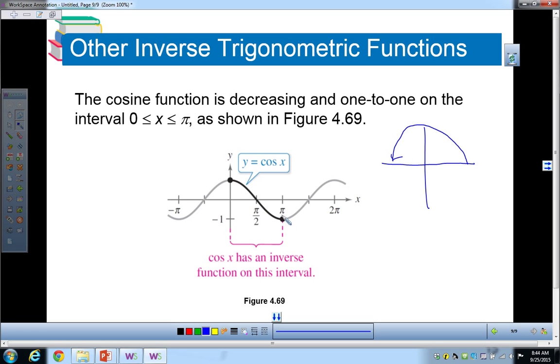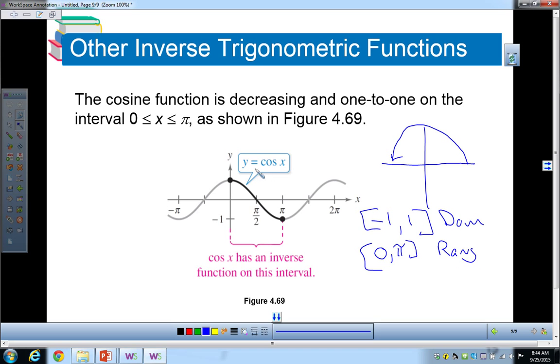They go from 0 to pi because from here to here, cosine takes on all values, positive here and negative here. So with inverse cosine, my domain is still negative 1 to 1, but my range is only going to have values between 0 and pi. So this is the domain, and this is the range.